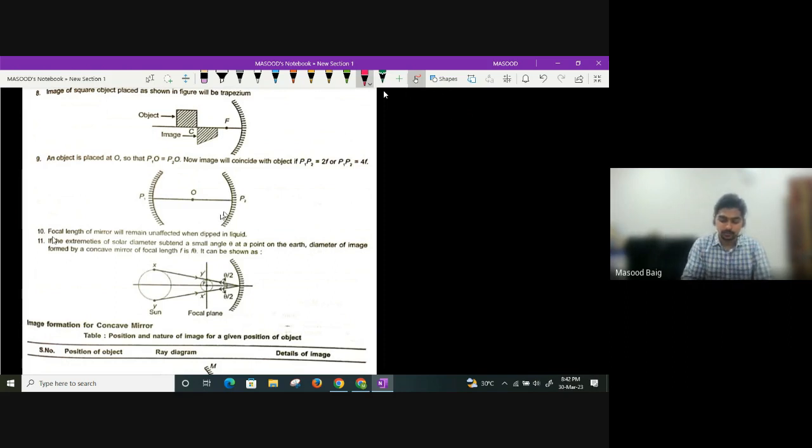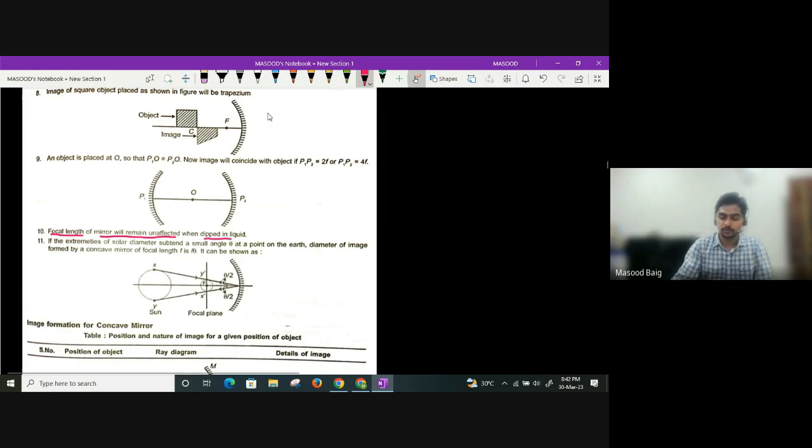So it's a very important property again. Focal length of a mirror will remain unaffected when it is dipped in a medium, guys. So you take a mirror, place it in free space, it has some focal length. You take the same mirror, place it in some medium. Will curvature change? No, and because curvature is not changing, focal length is also not going to change.